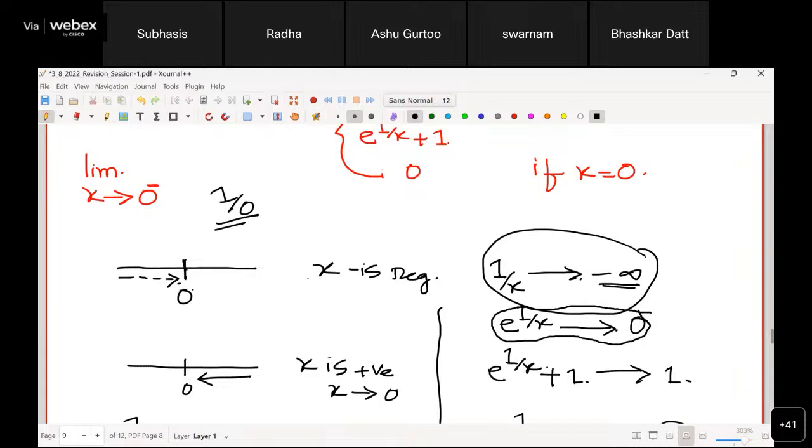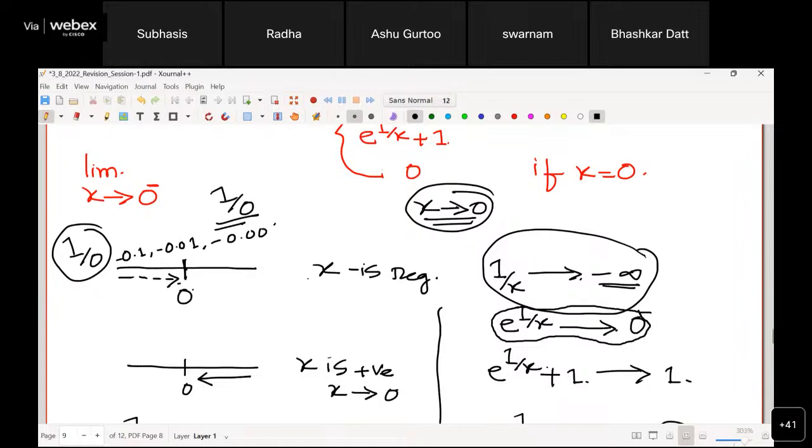I'm not saying that here x is 0. What I'm saying is x is going towards 0. There is a difference, right? It's only tending to 0. 1 by 0 is not defined, that is correct. But I'm coming to 0 from the left, so my x is basically, let's say, minus 0.1, minus 0.01, minus 0.001, minus 0.00001.